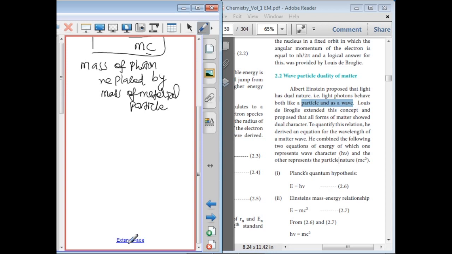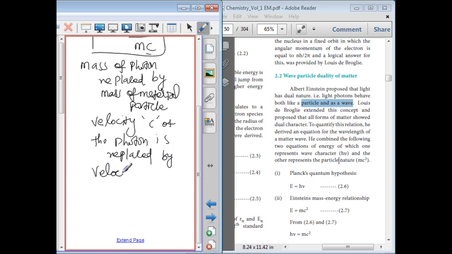Then the velocity c, the photon velocity, the ray velocity c of the photon, is replaced by the velocity v of the material particle.